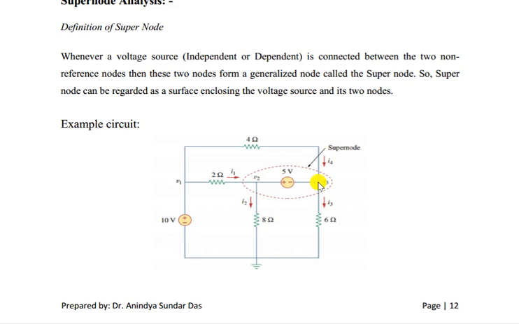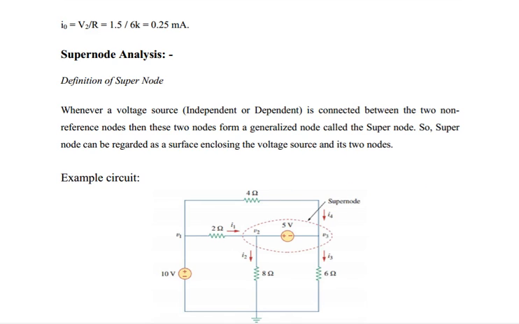But if it is connected between two non-reference nodes, it is totally unknown. Then these two nodes form a generalized node called a supernode. A supernode can be regarded as a surface enclosing the voltage source and its two nodes. So all together it is a supernode.